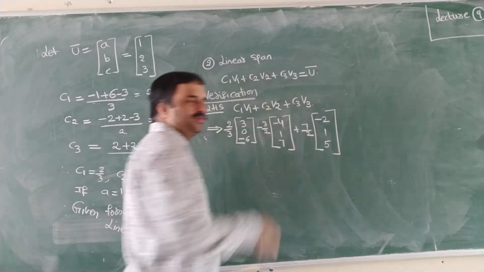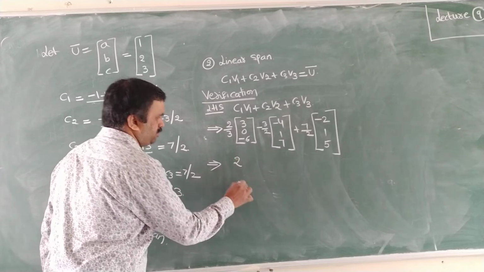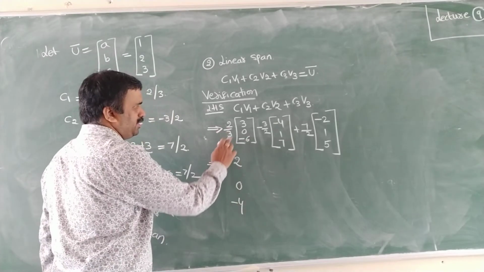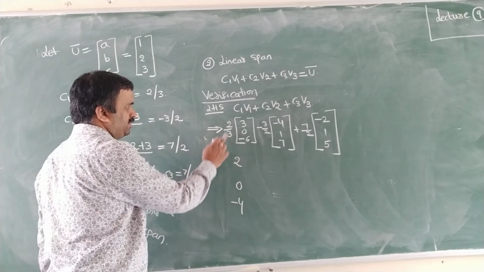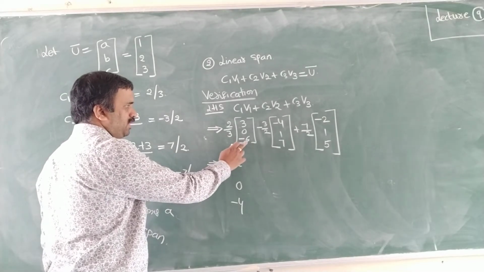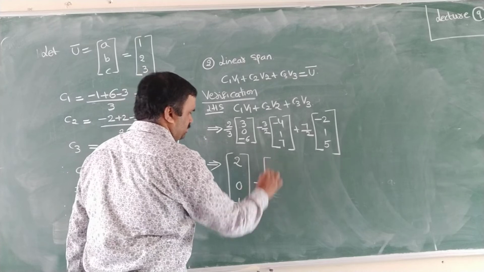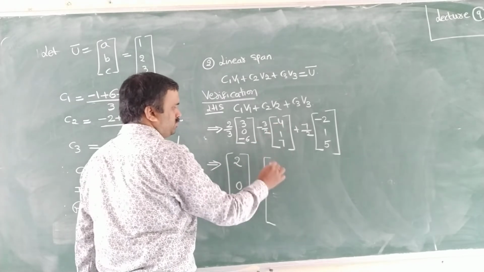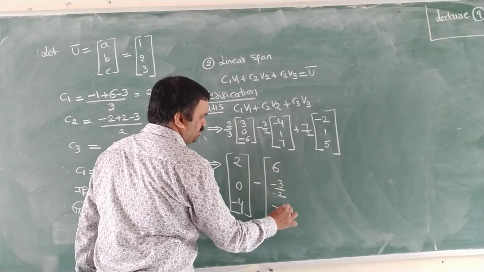Now to solve this: 2 by 3 times 3 is 2, and 2 by 3 times 0 is 0. 2 by 3 times minus 6 is minus 4. Then minus 3 by 2 times minus 4 gives 6, and minus 3 by 2 times 1 is minus 3 by 2, and minus 3 by 2 times 7 is minus 21 by 2.